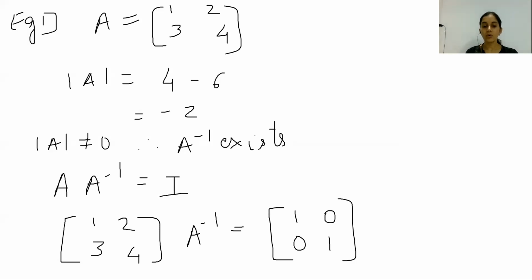Now, what is the procedure to find the inverse? The matrix A will undergo row transformations and we will change it into an identity matrix. Rule number 2, whatever you do to the matrix A, you will do the same kind of transformations on the right side to your identity matrix. Okay, so let us begin. We are using row transformations. I'll just write the sum here again, so it's on one page.